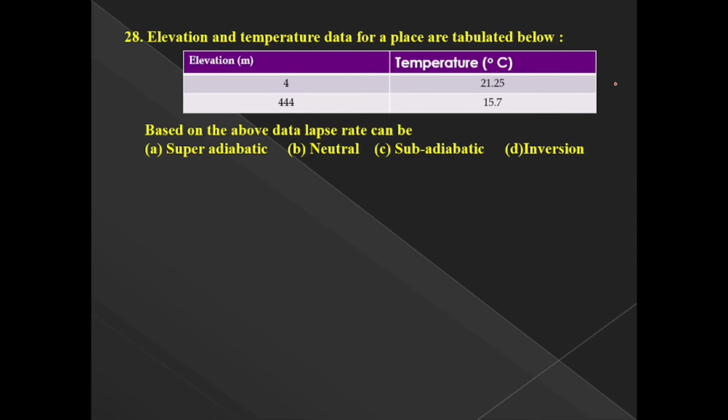Since only two readings are given, only one ELR is calculated, and ELR will be equal to delta T by delta H. Delta T is 21.25 minus 15.7, whole divided by the elevation change, 444 minus 4.